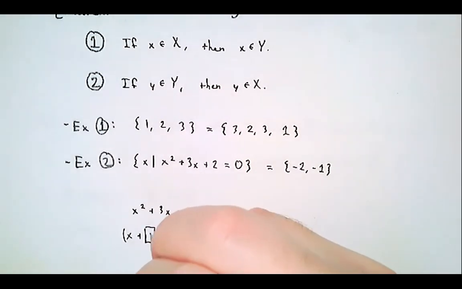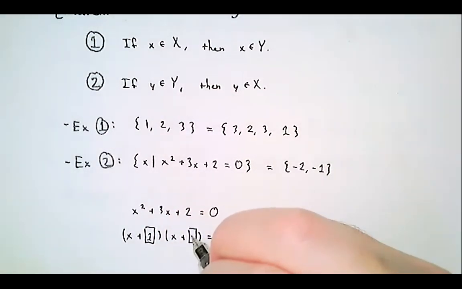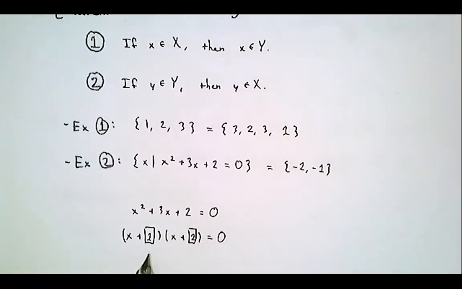So 1 times 2 is 2. 1 plus 2 is 3. So that's what works. And this tells us the two answers to the equation need to be where x plus 1 is equal to 0 or x plus 2 is equal to 0.